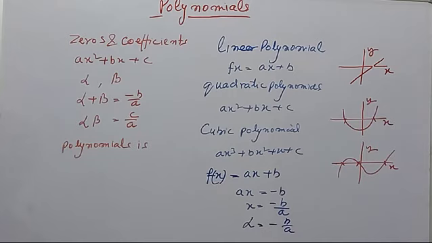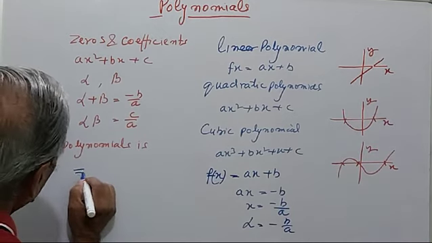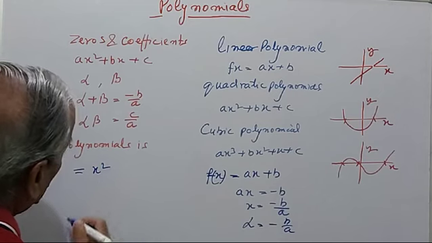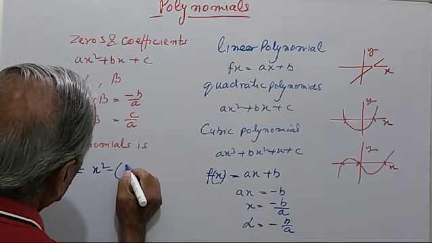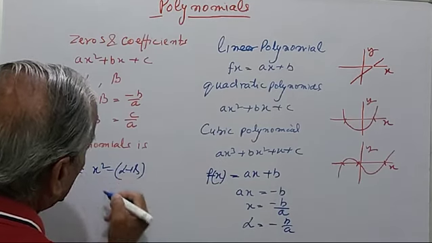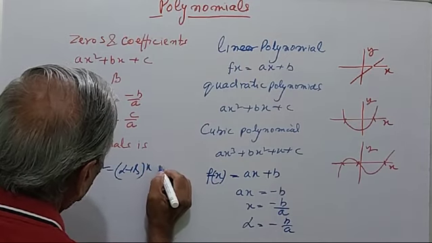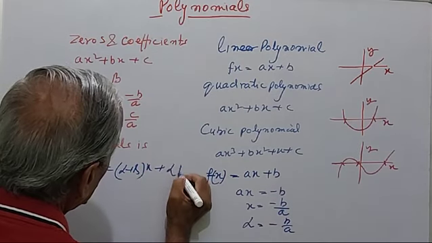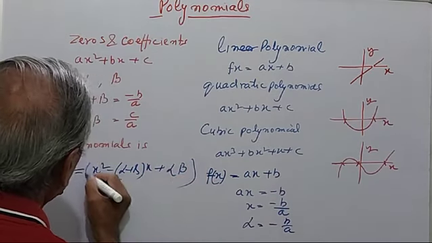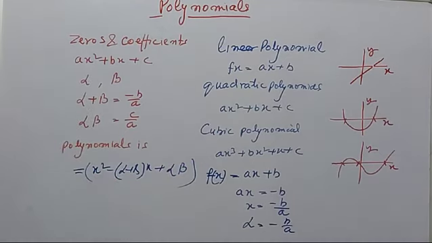Now, taking these zeros, we have to find the polynomial. So the polynomial is x square minus sum of the zeros times x plus product of the zeros.